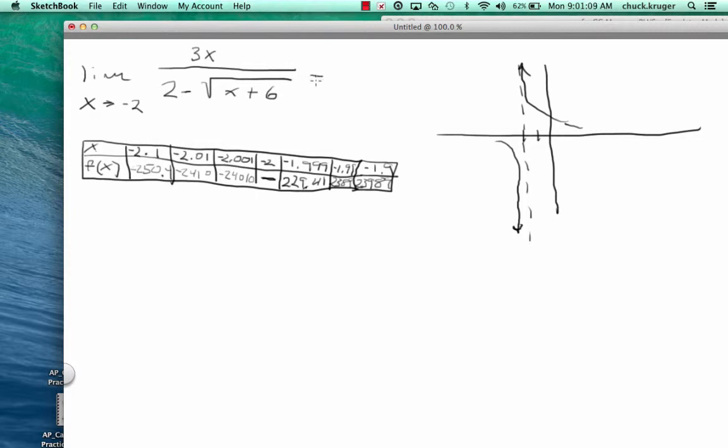So what we write here is D, N, E. What we're saying is the limit of this function as x approaches negative 2, both from the left and the right, does not exist because we're headed in two different directions. DNE stands for the words does not exist. And you can see that both from the table and the graph.